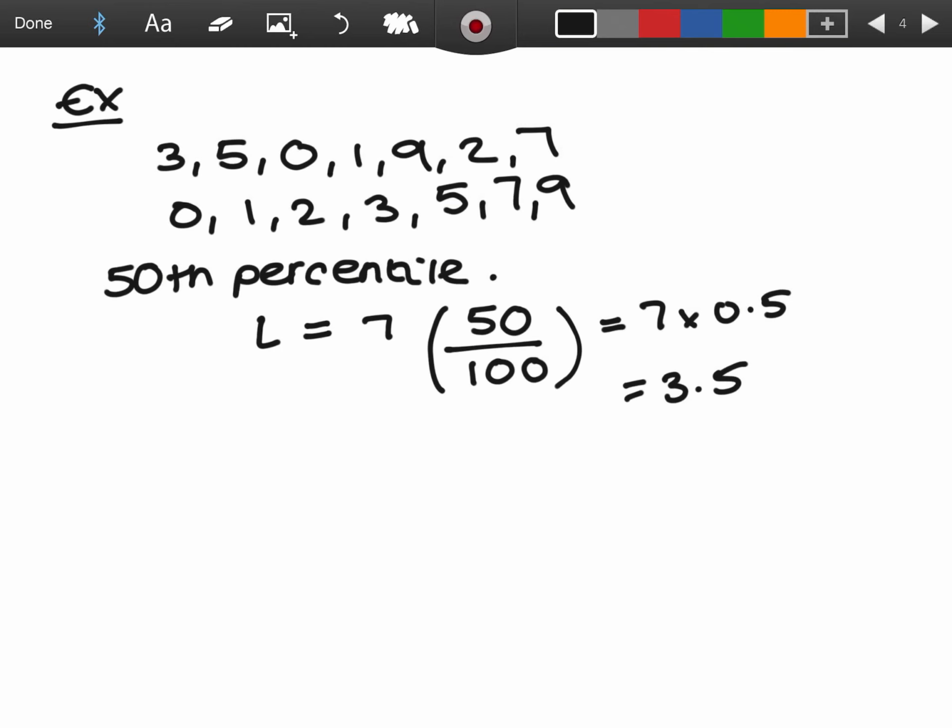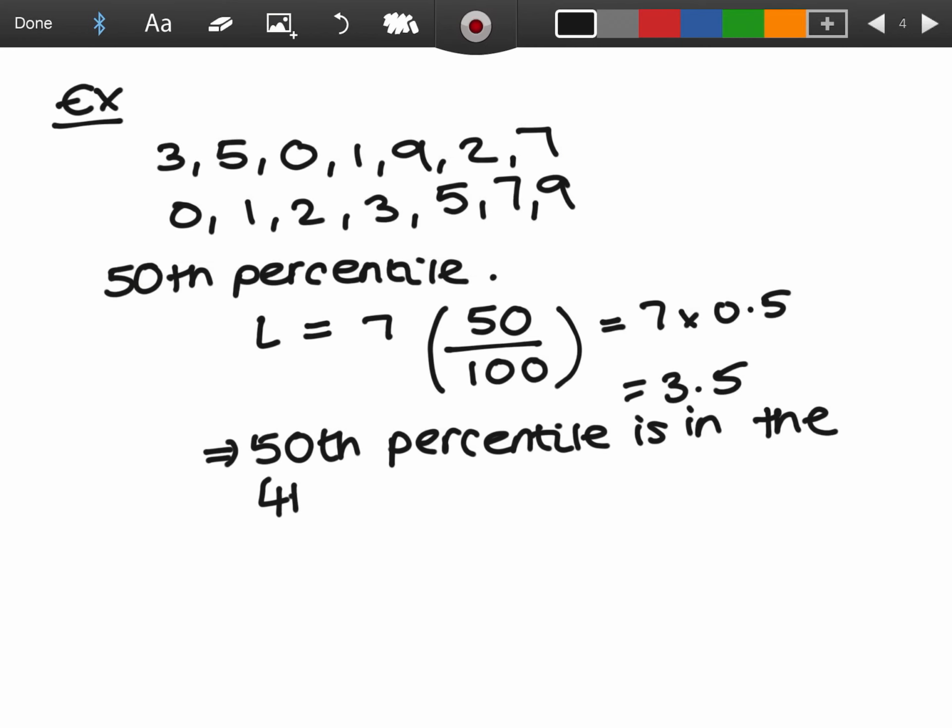This is a decimal value, so all I have to do is round up. So I know that my 50th percentile is in my 4th position.